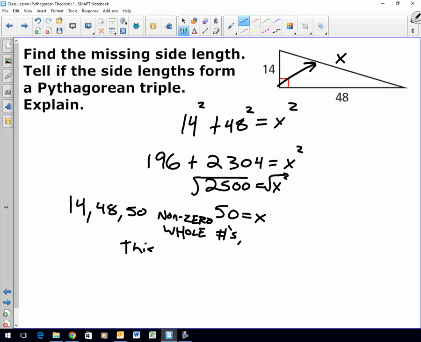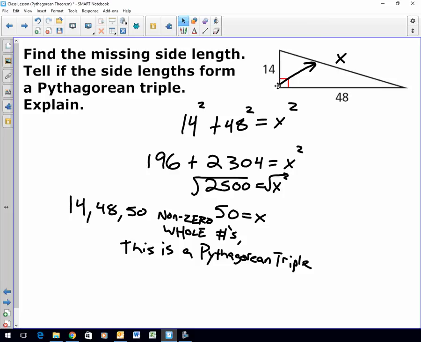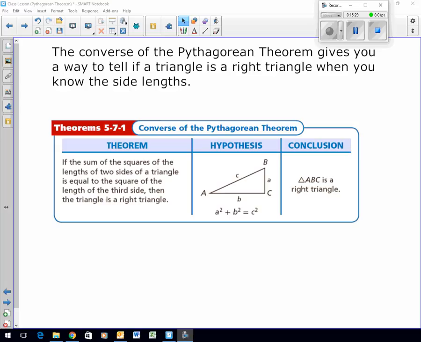This is a Pythagorean triple. Got me? That's all we're asking right now. Any questions on that? I got it.